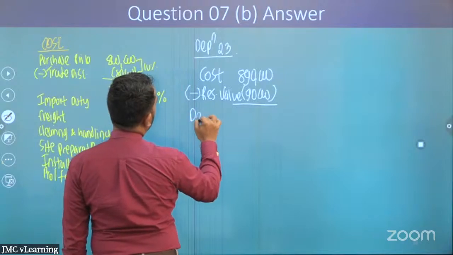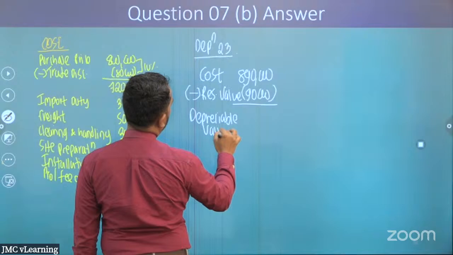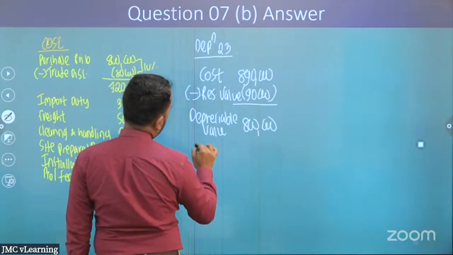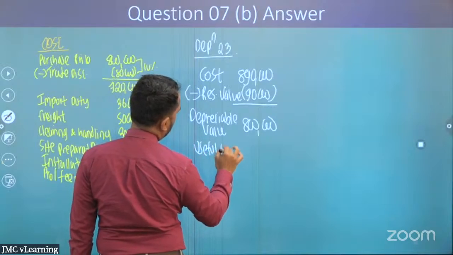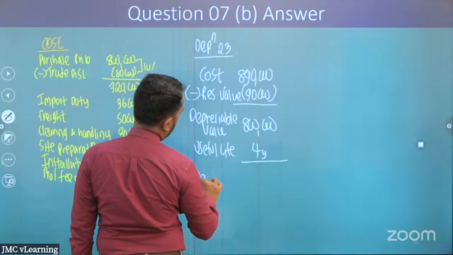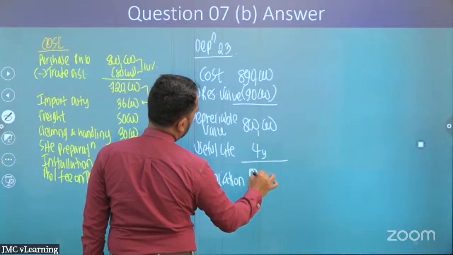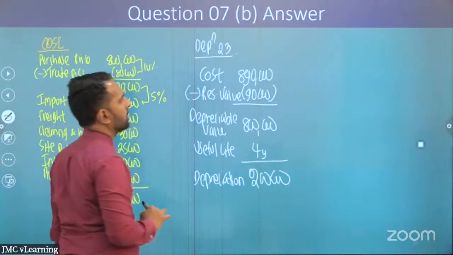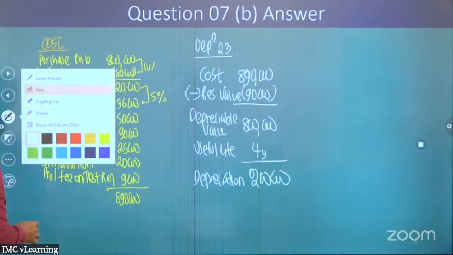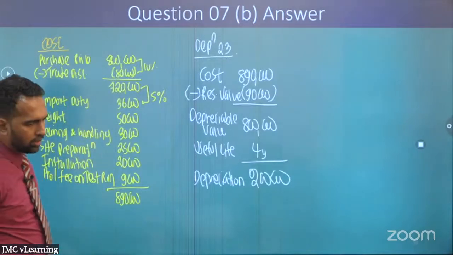So the depreciable value is 800,000. Then the useful life 4 years. Then accordingly your depreciation is 200,000. So that is an easy question. You can easily score the marks. Depreciation is 200,000.